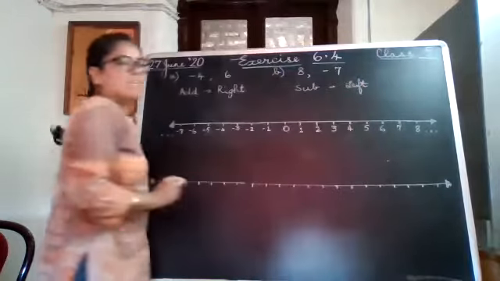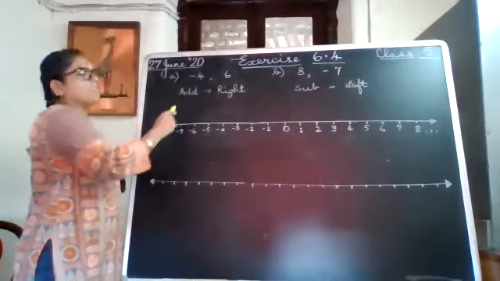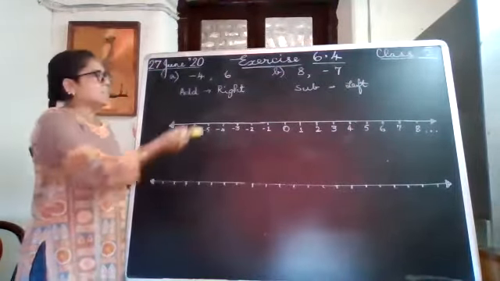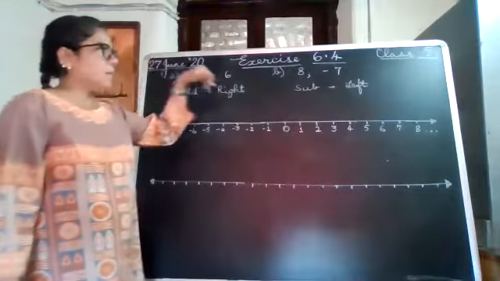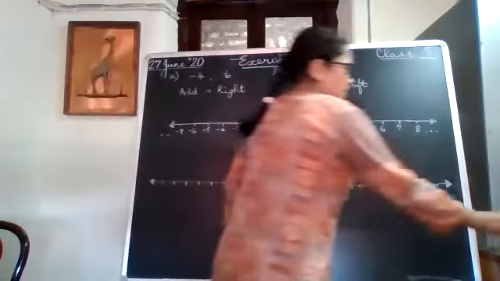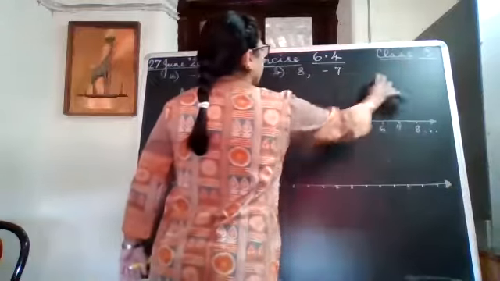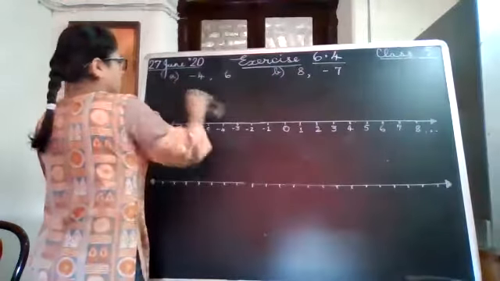We have done this earlier also. So if the number has to increase, we move to the right, and if the number has to decrease, subtraction, we move to the left. That is one very important thing that you have to remember.